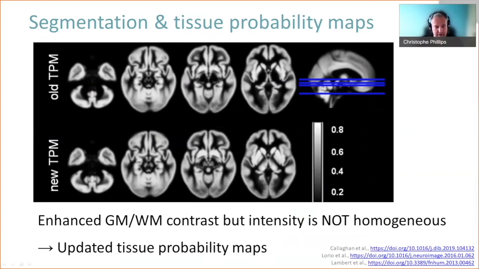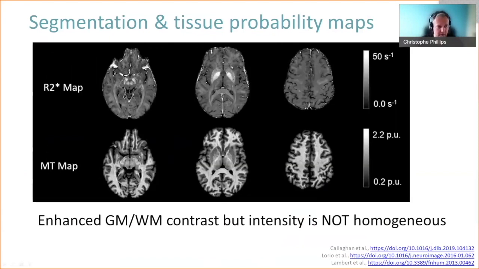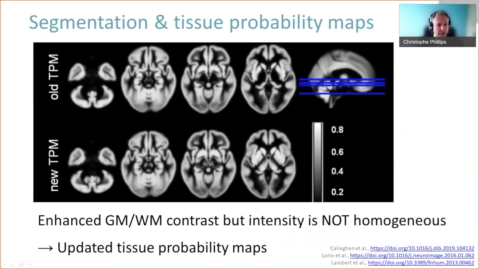And because of this enhanced contrast, at least with the MT image, it was proposed to come up with updated tissue probability maps that do cover more specifically the subcortical areas, where we see here an enhanced gray matter volume to account for the enhanced contrast that we observe in these quantitative or semi-quantitative maps.